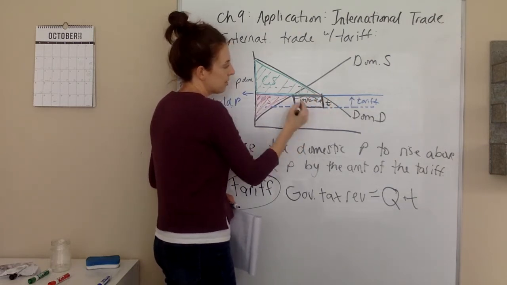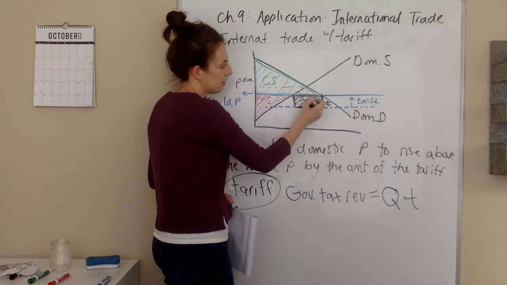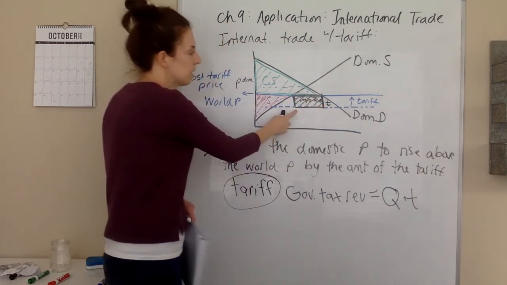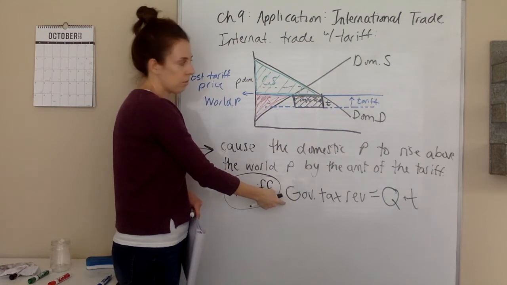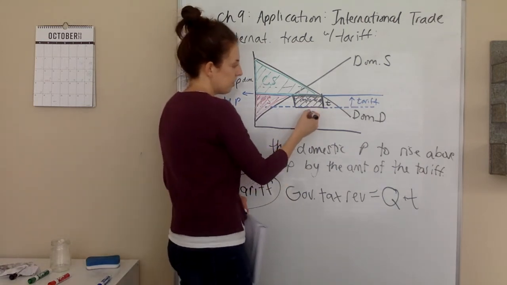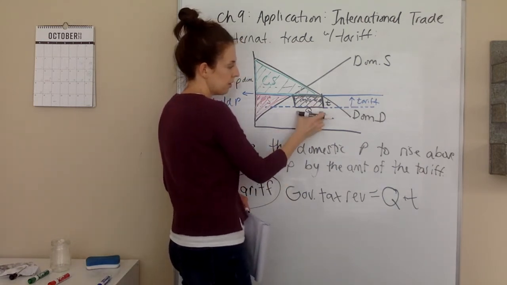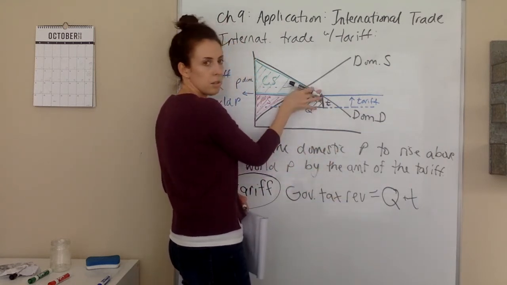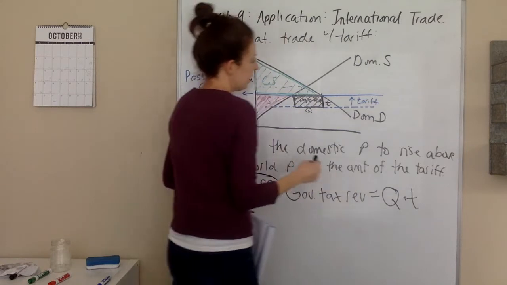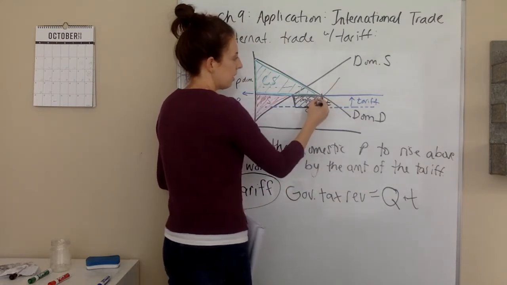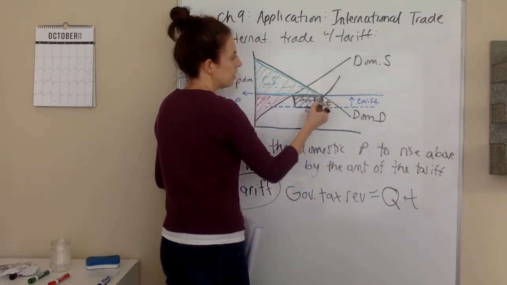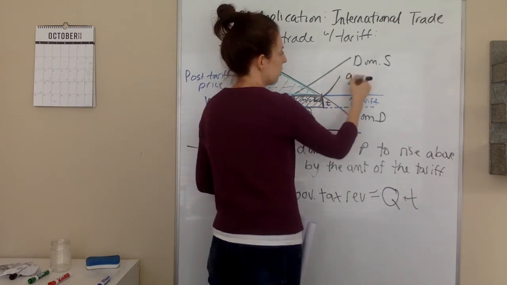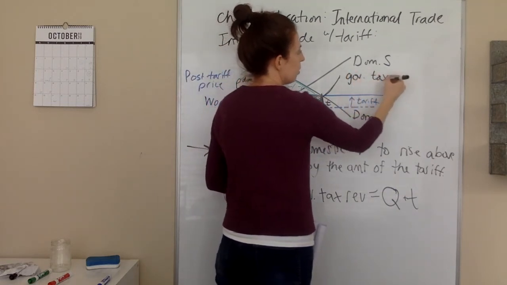So what that means is that this area that coincides with the rectangle is going to be equal to the government tax revenue. Again, the reason for that is because the base of this rectangle is equal to the number of imports, or the quantity. The height of the rectangle is equal to the amount of the tariff, T. And so this black rectangle is going to have an area that coincides with the government tax revenue.